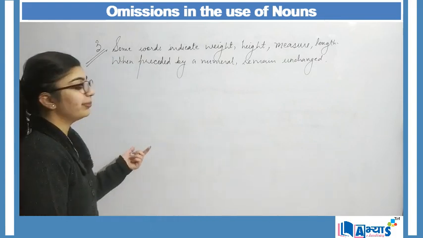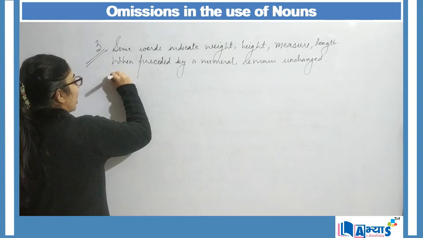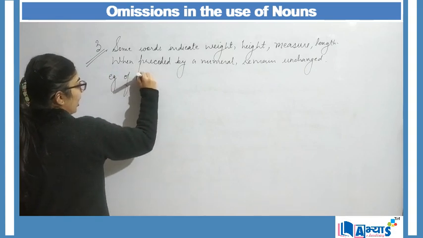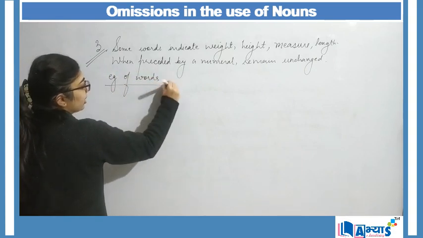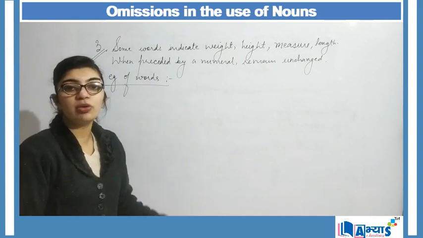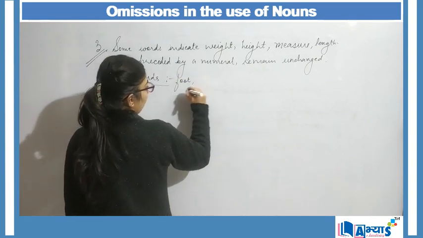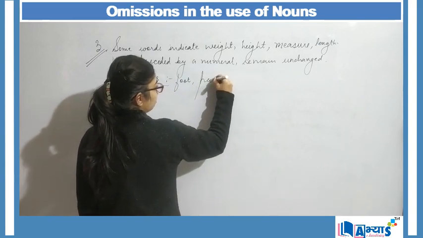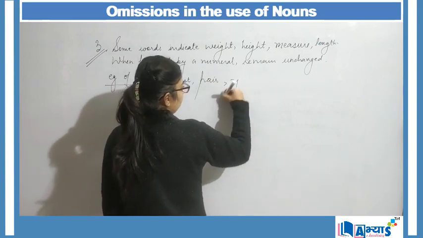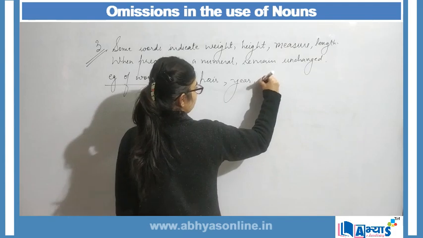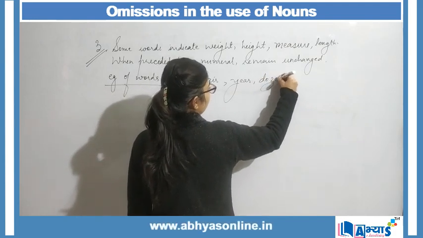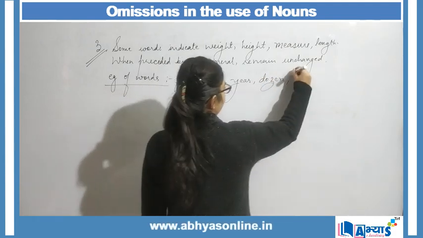Now, for example, over here, example of words, not example in sentences, but example of words can be foot, pair, year, dozen, head.